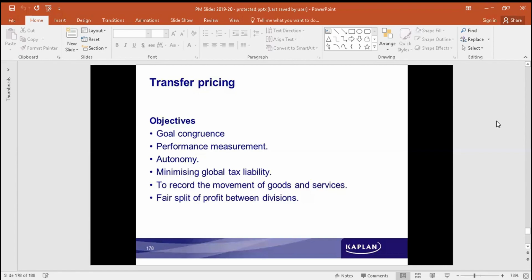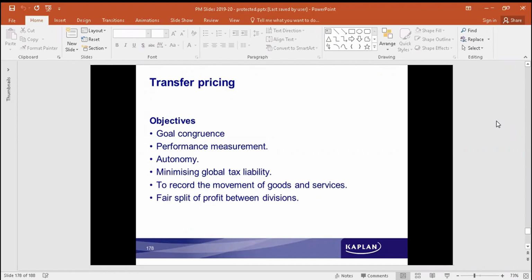What are the objectives? I think you know these objectives also. We've discussed a case study earlier about the objectives of transfer pricing. Ultimately, if the criterion is to ensure that they have good profits, their evaluation is based on good ROIs, etc. Nevertheless, the focus also should be on accommodating other divisions, because ultimately the overall organization performance and the achievement of organizational goals is more important than individual departments' goals and objectives.